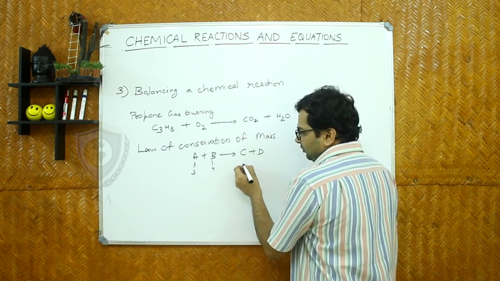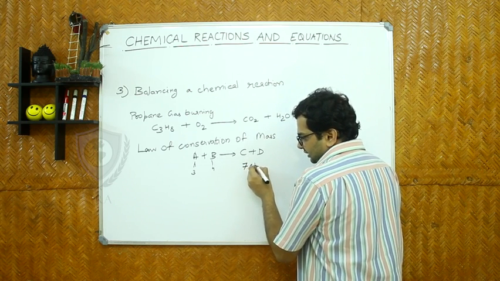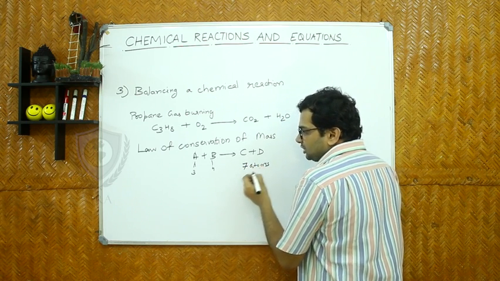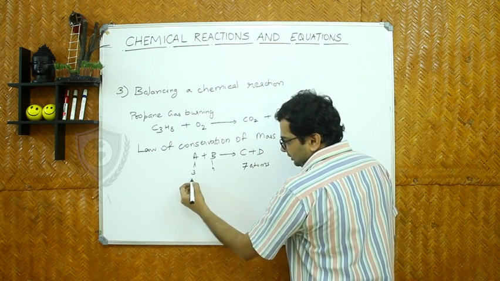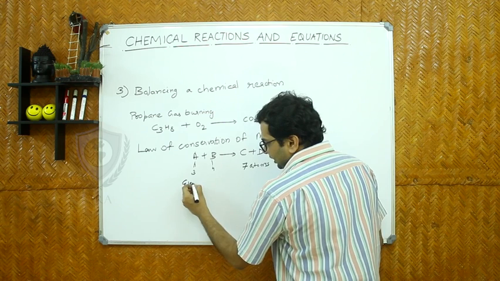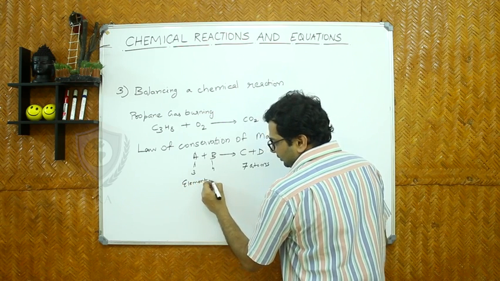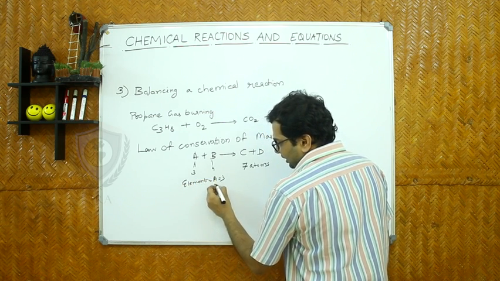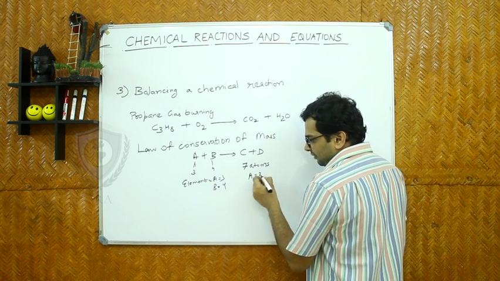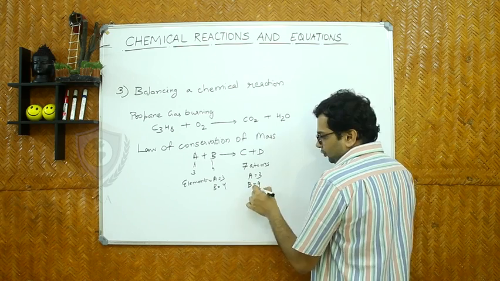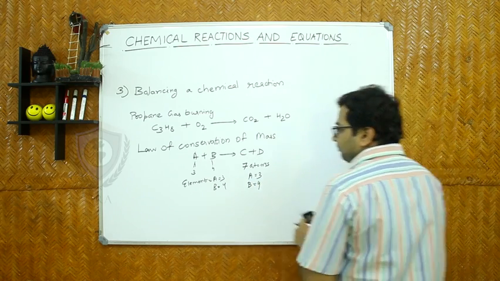So C plus D will have a total of 7 atoms, right? And each constituent element will again have the same. So let's say in this example here, element A had 3 atoms and B had 4. So here also the constituent element A will have 3 and B will have 4.